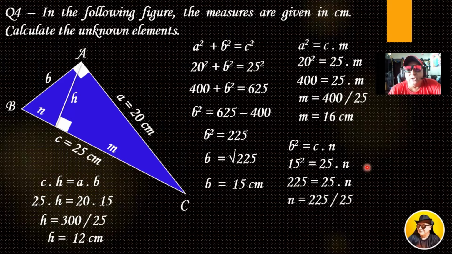Can you see? So N is 225 divided by 25. That is 9. So N is 9. Well, now we have that the altitude is 12 centimeters. Leg B is 15 centimeters. Projection M is 16 centimeters. Projection N is 9 centimeters, okay? So we finished our exercise.